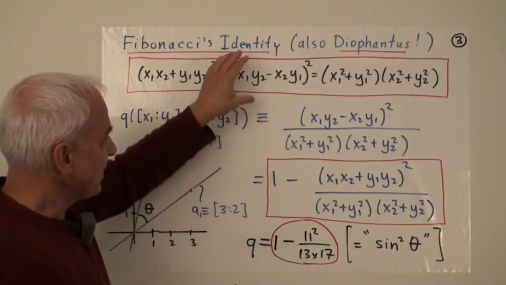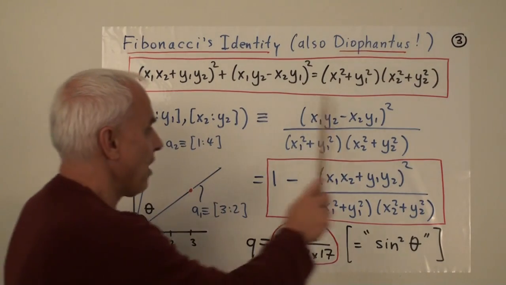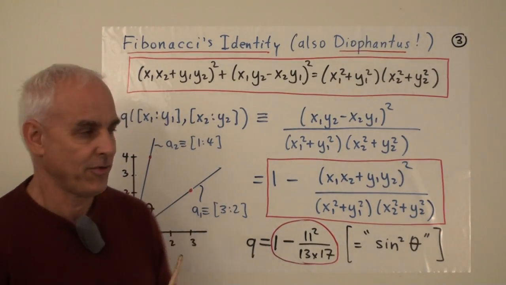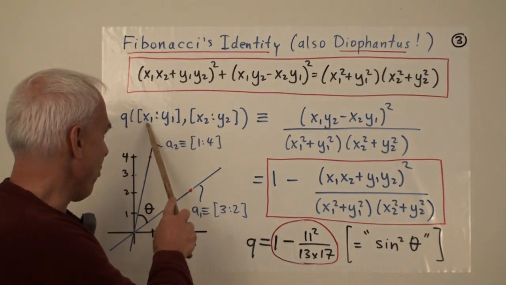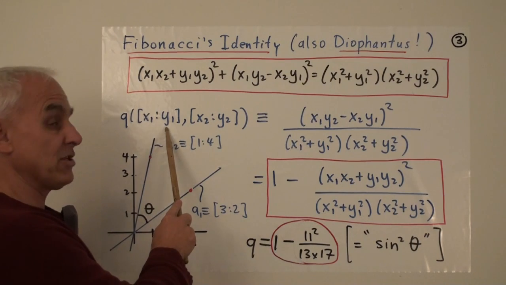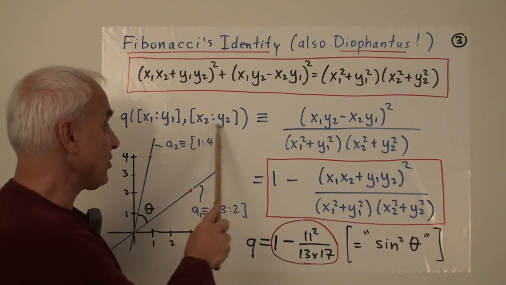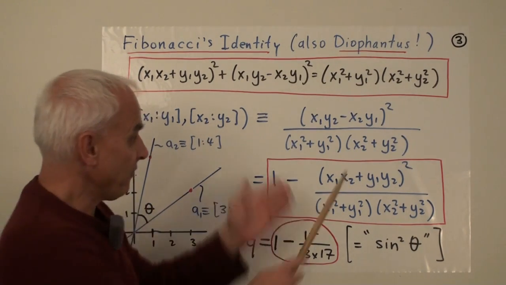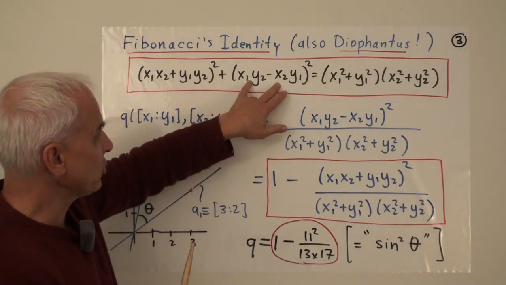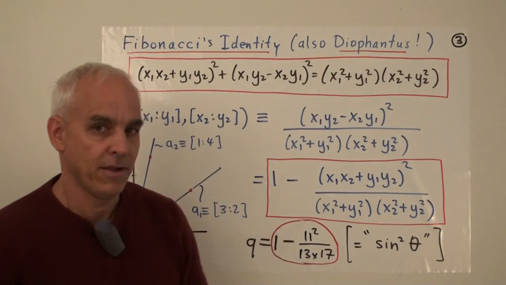Okay, so this identity allows us to rewrite our formula for the projective quadrance. So here's our original formula, that the quadrance between the projective point [x1 : y1] and [x2 : y2] is given by this expression. We recognize that as this term divided by the right-hand side.